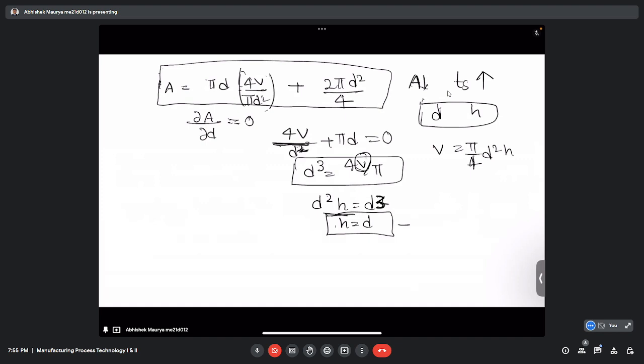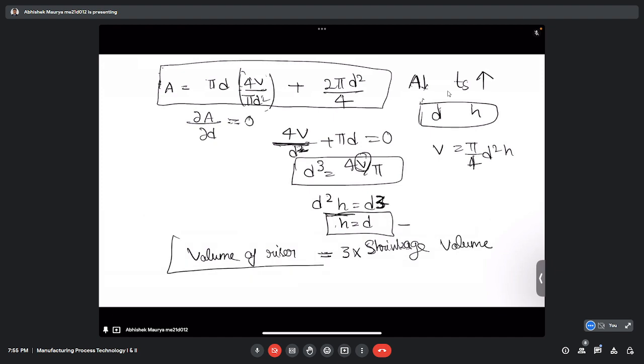If you have gone through the lecture, then it is recommended that the volume of the riser should be 3 times the shrinkage volume. So this is the practical thing.